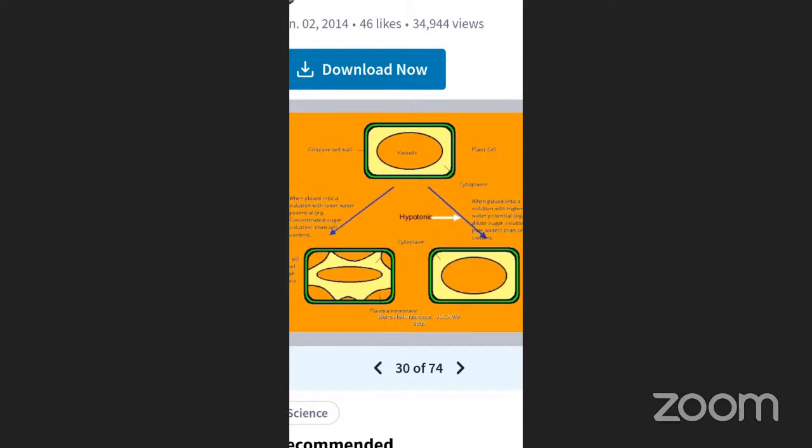When the cell is placed into the hypotonic solution, the water diffuses into the cell, causing the cytoplasm to build up pressure against the wall. This is called turgor pressure. The pressure exerted by the protoplast against the rigid cell wall on the entry of water is called the pressure potential. So the next topic is imbibition.